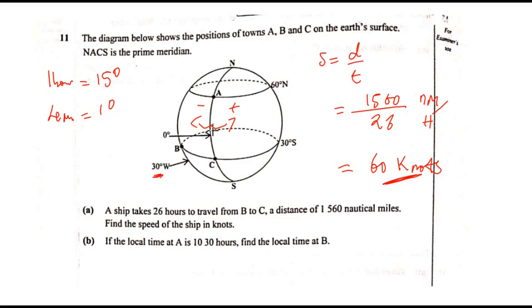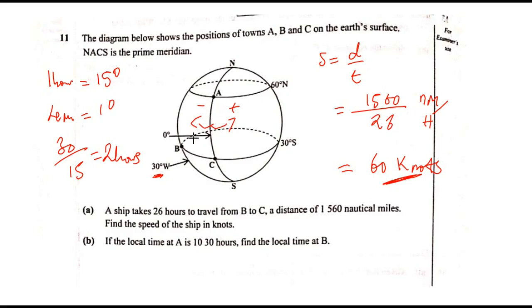Now we can see that B is 30 degrees to the west of the meridian. So how much do we subtract? 30 degrees divided by 15 degrees is 2 hours. So we subtract 2 hours from the time at A because we're going to the west.